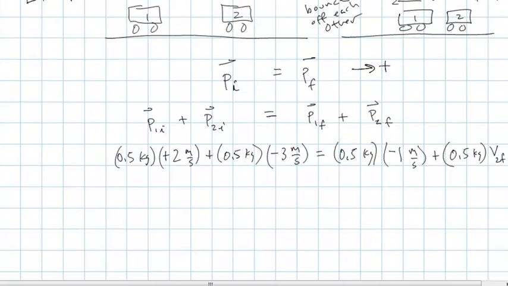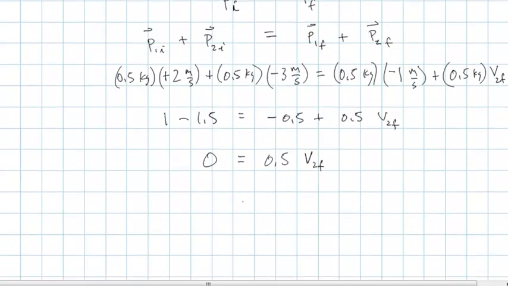We have to solve for V2 final. Let's see what we get. We get 1 minus 1.5 is equal to negative 0.5 plus 0.5 V2 final. So we bring the 0.5 to the other side and we get 0. So V2 final is 0.